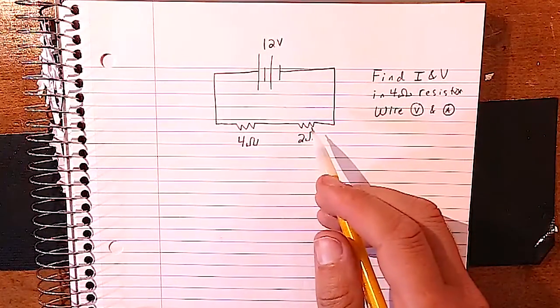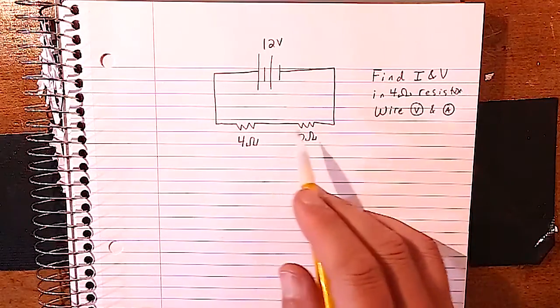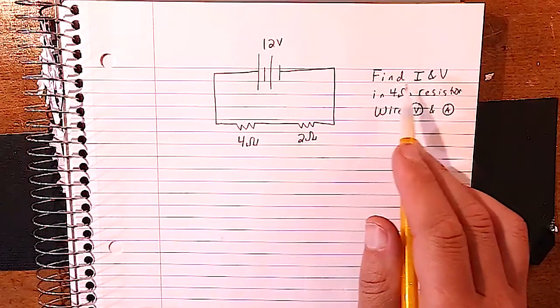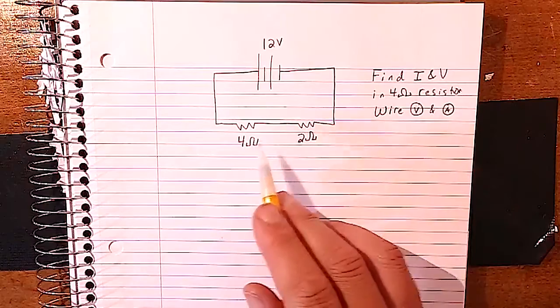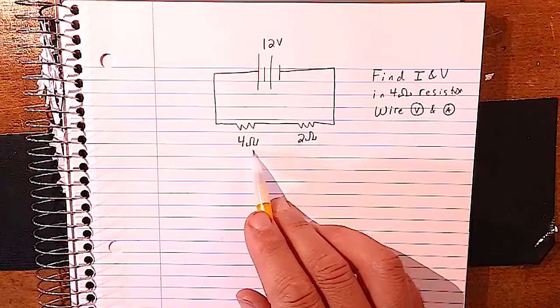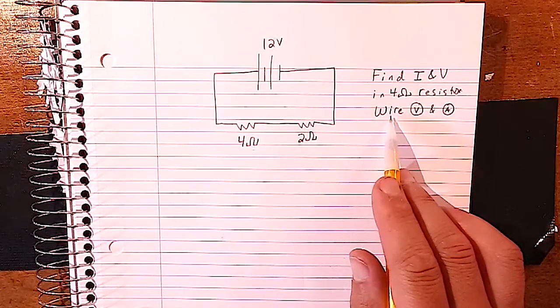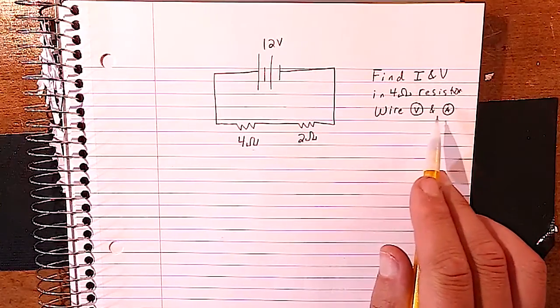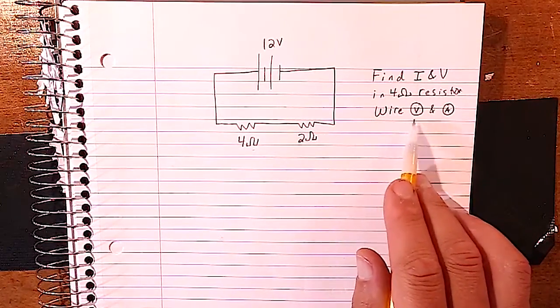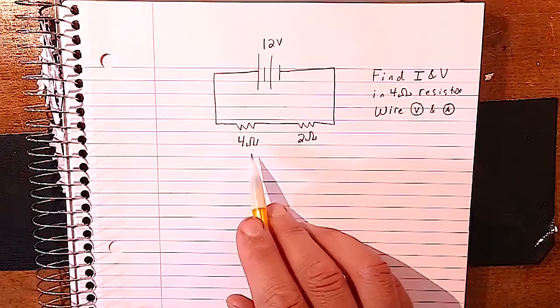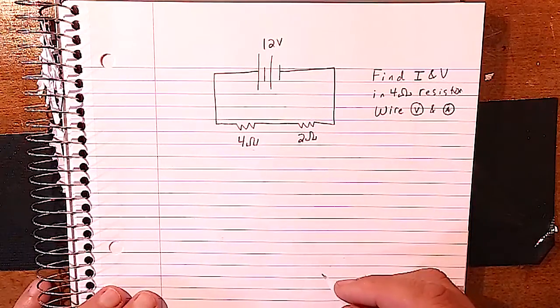They give you a circuit. They'll ask you to find some things, like in this case we're going to find the current and the voltage in the 4 ohm resistor, and then they're going to ask us to wire a voltmeter and an ammeter so that they could determine those in an actual reading.